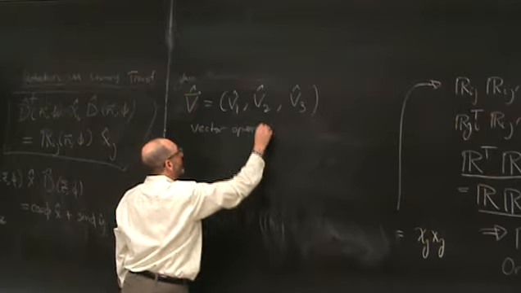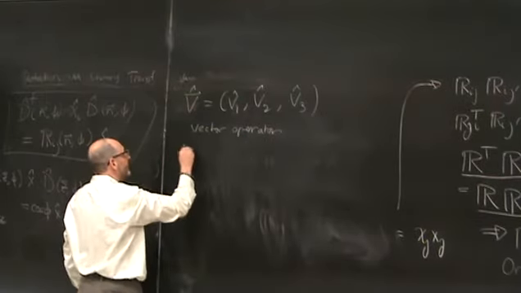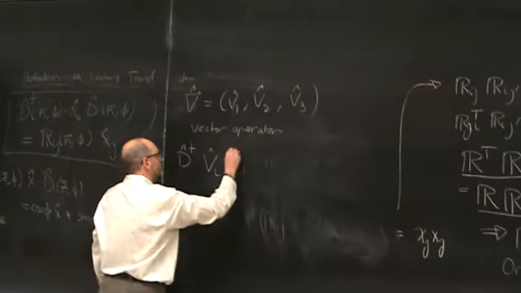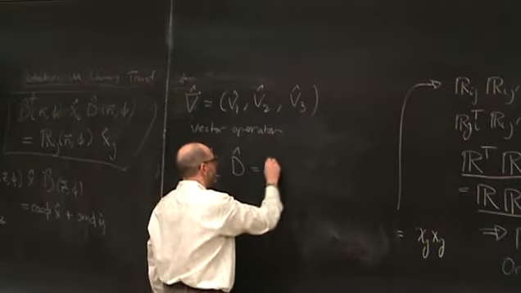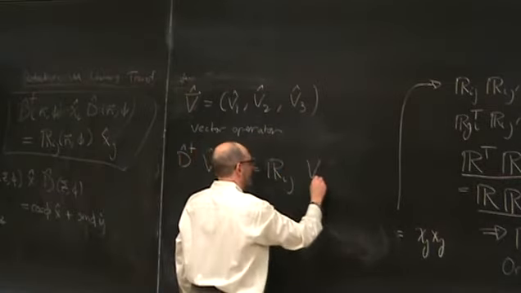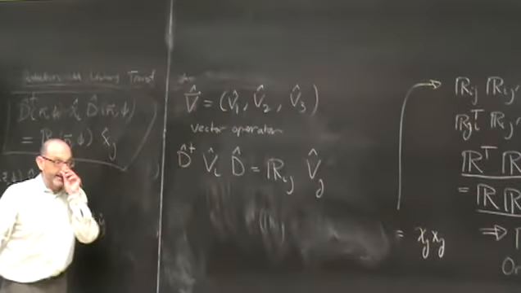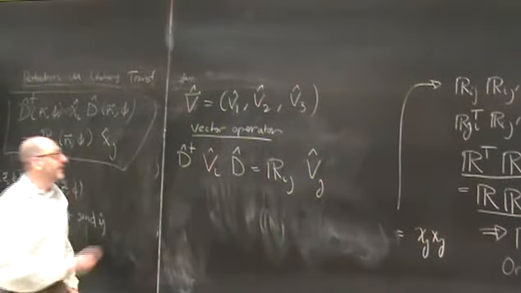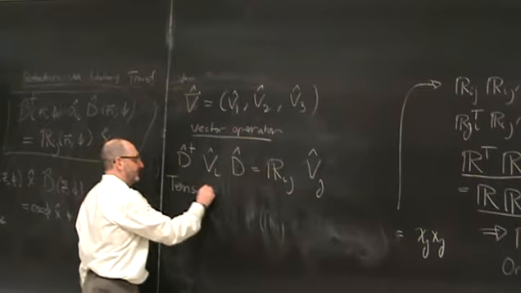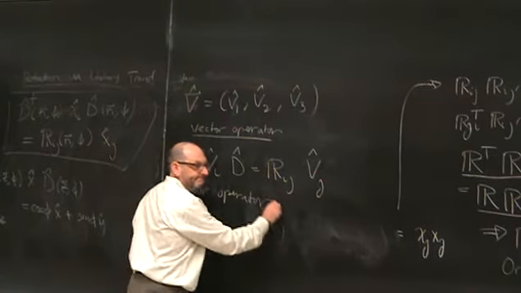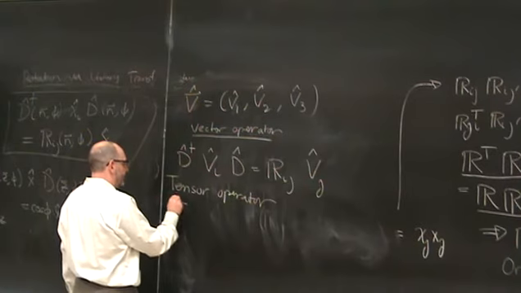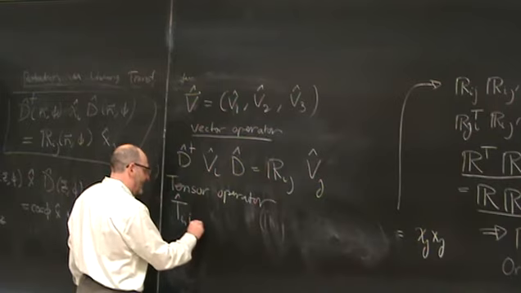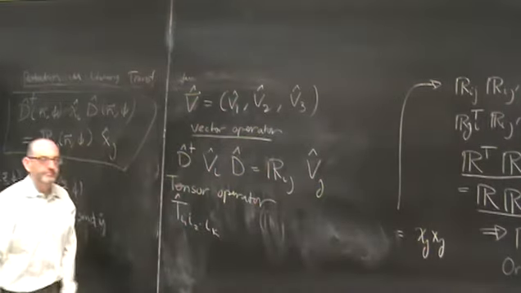And it is a vector operator if it satisfies the property that under a unitary transformation, this is the rotating vector. That defines a vector operator. I could define a tensor operator, which has 3 to the k different components.